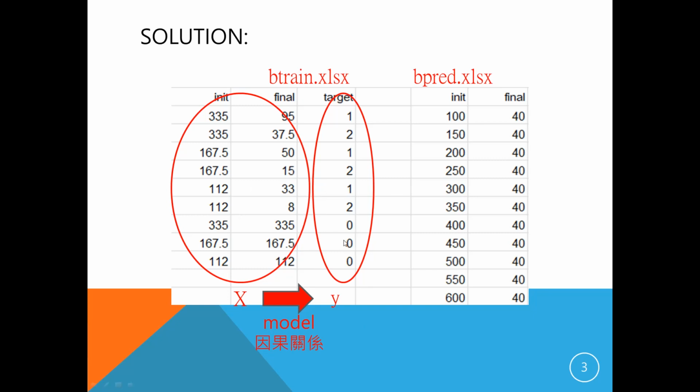Such data we can save in the btrain Excel file. Our predicted file is the bpredict Excel file, and you can tell the difference: the target is missing in the predict file. The model should work out the y from the x.